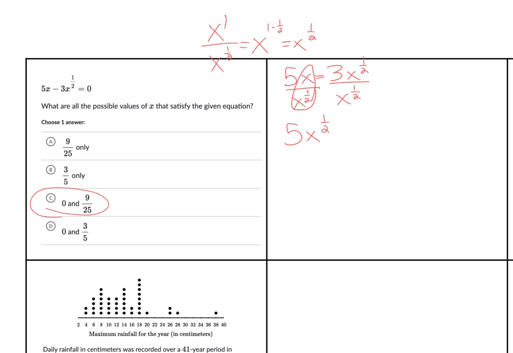That's what happened there. Equals 3, so x to the 1/2 equals 3/5. And so if I square both sides, x equals 9/25. But from my original equation, x could also equal 0.